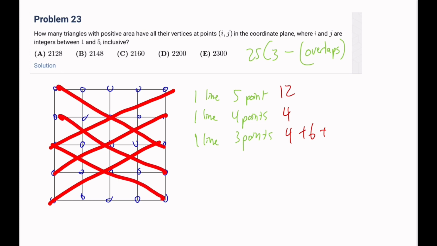And so that would be our last 6. And so this is 16, right? So we have 12 5-pointers, we have 4 4-pointers, and we have 16 3-pointers.